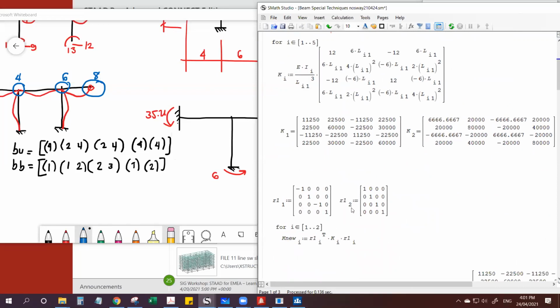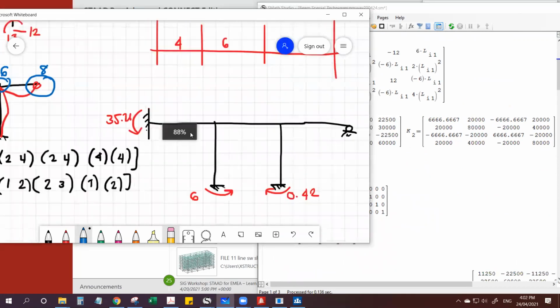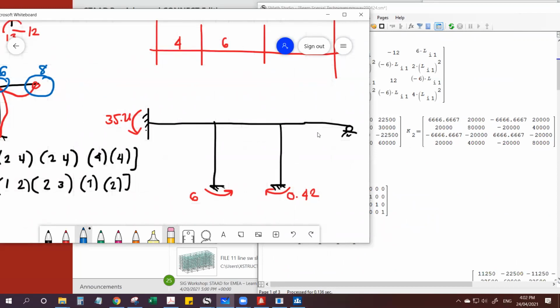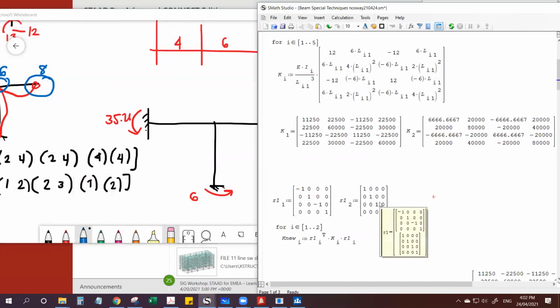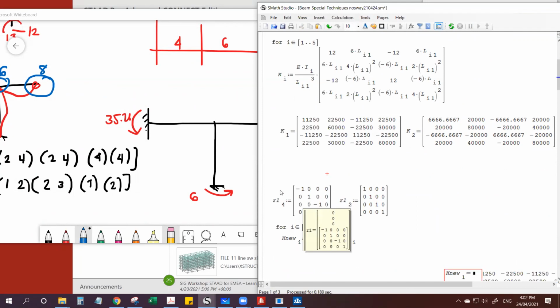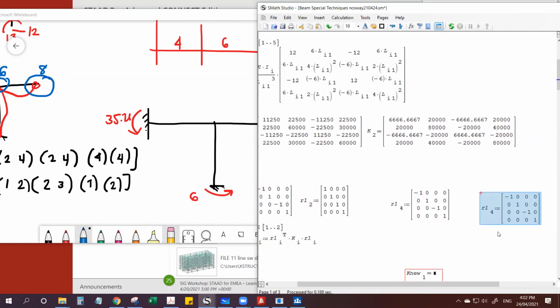Now for the transformation matrix, okay, all three girders are horizontal, so this will be R11 should be this. Okay, maybe I'll replace this, this will be R14 because that's a column, right? So I can copy this here and for the 5. So I'll make this R14 and R15.